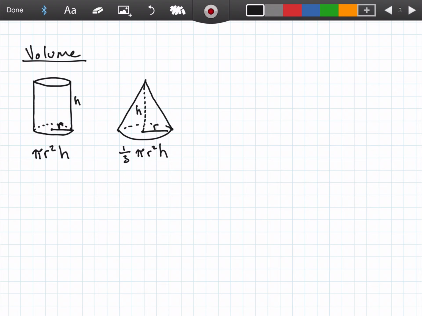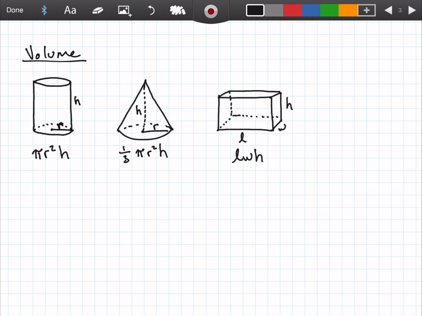Same thing if I have a rectangular prism. I get length times width times height.